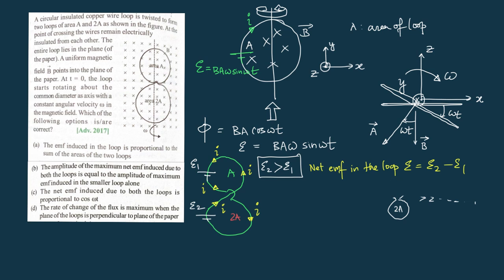Here the senses of the EMFs are opposite. So the net EMF is equal to E2 minus E1. It's not E2 plus E1.